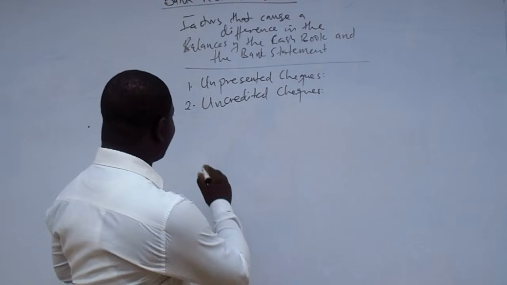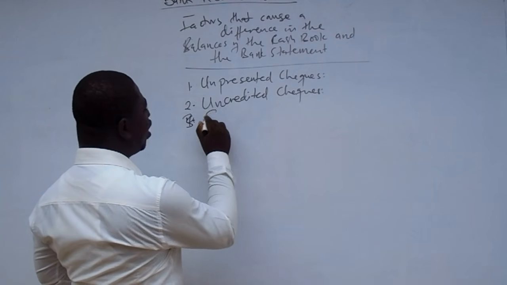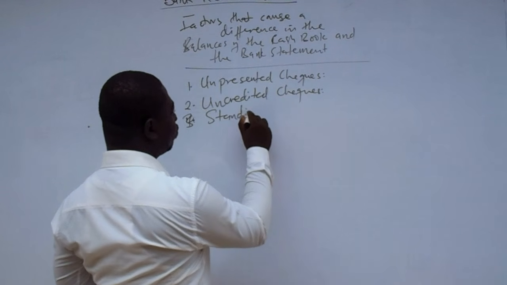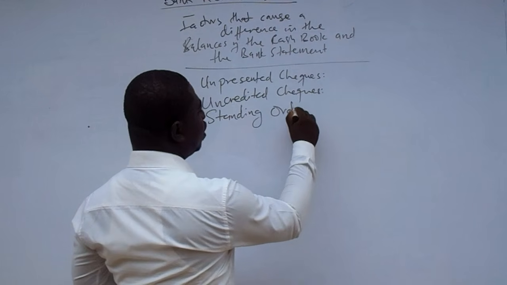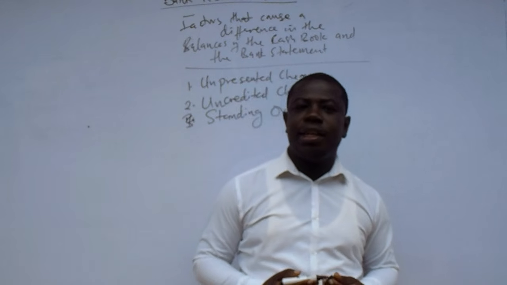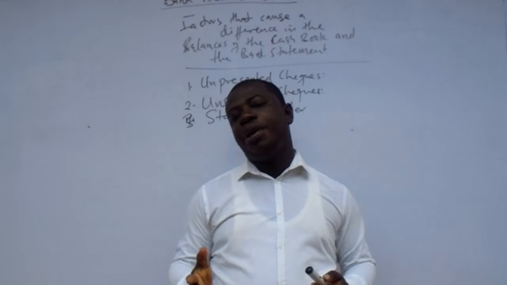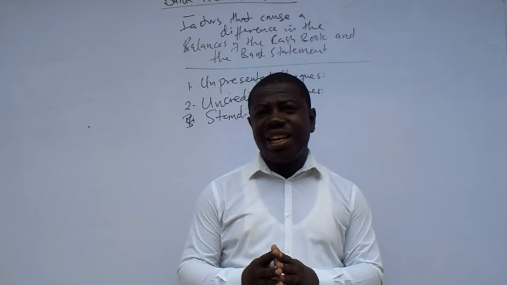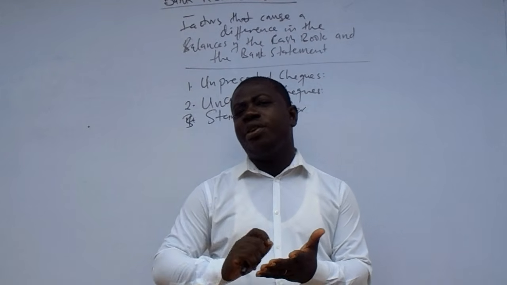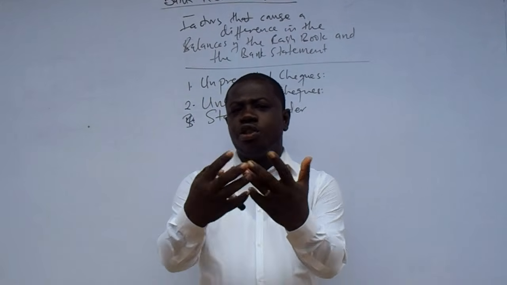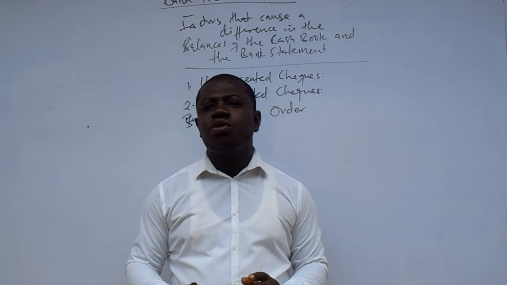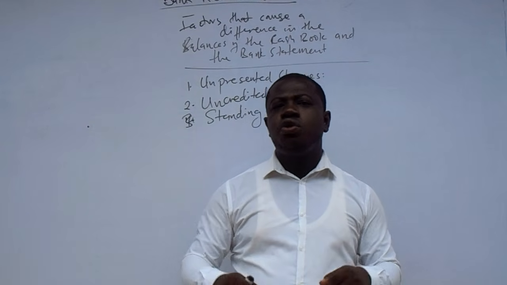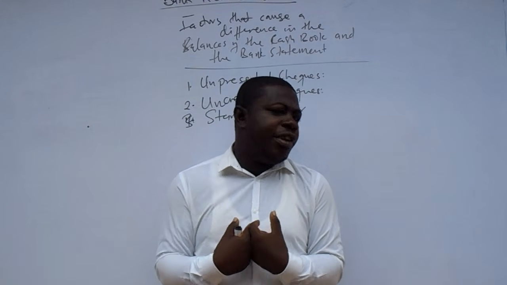Then the next factor that can cause a difference, we call it standing order. Now, a standing order is an instruction. Normally, it's a written instruction from the business to the bank. And then the business will instruct the bank to pay an expense on behalf of the business.